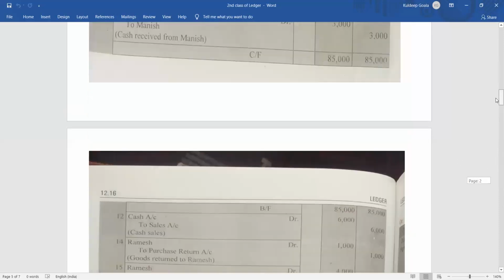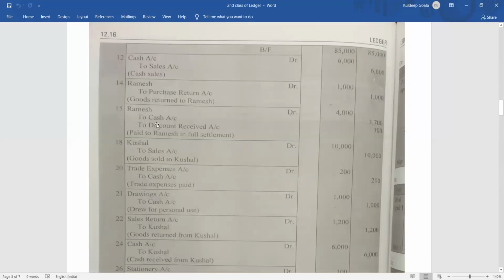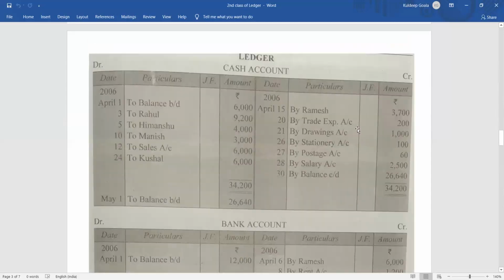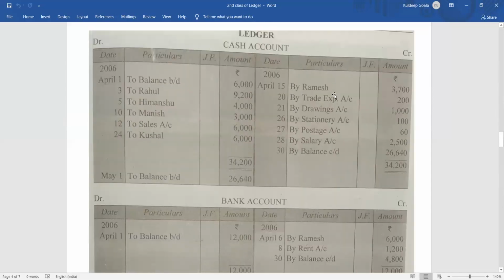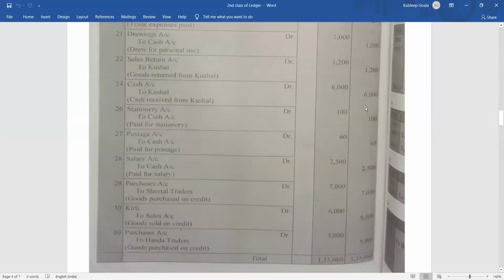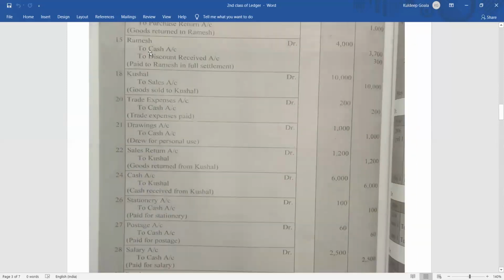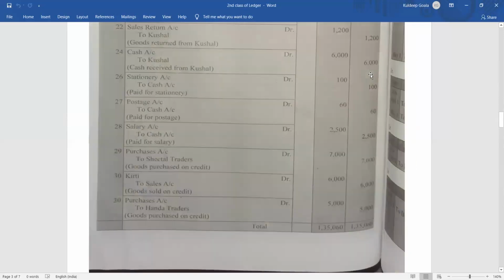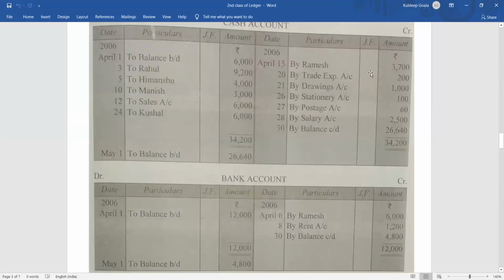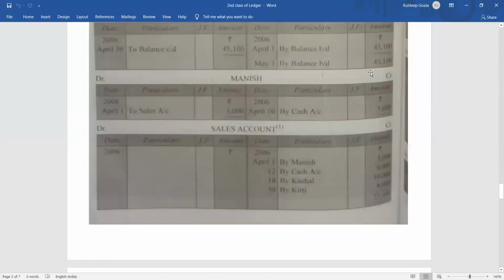And what happened to cash? You can see the journal entry once again. That will help you again. Cash is credited. So go in the credit side of cash. See cash. What will you write? By Ramesh. Cash credit side by Ramesh 3700. Okay. And discount, what has happened with discount? Discount received is credited. So go in the discount received account and write down by Ramesh, isn't it?